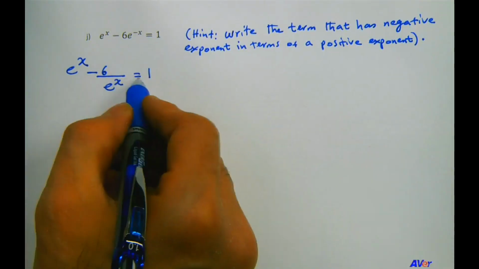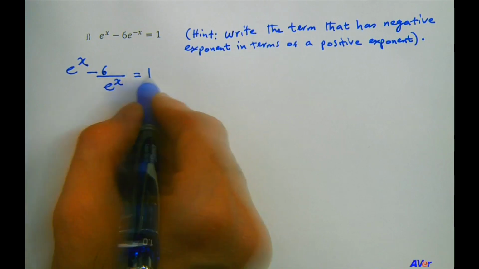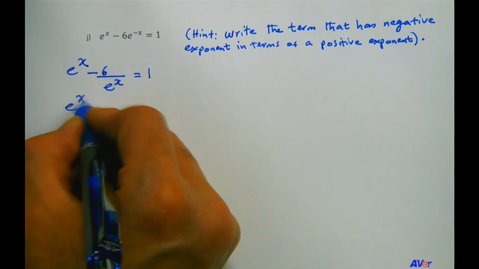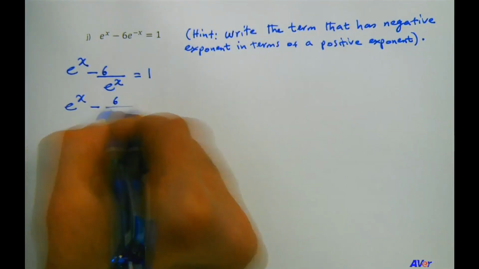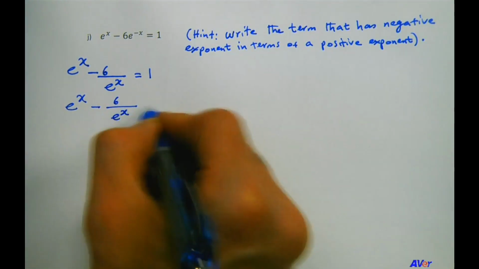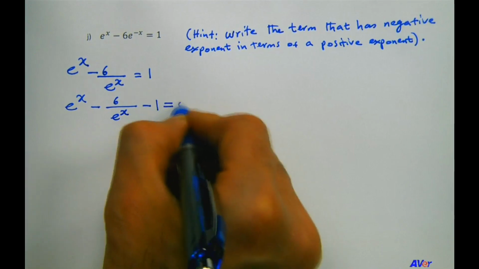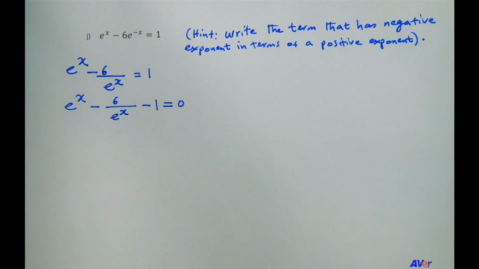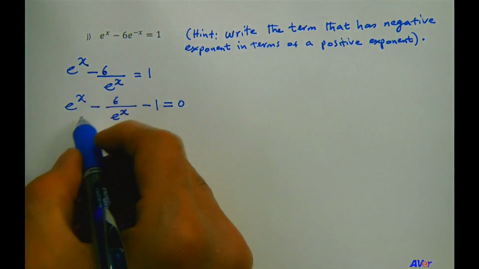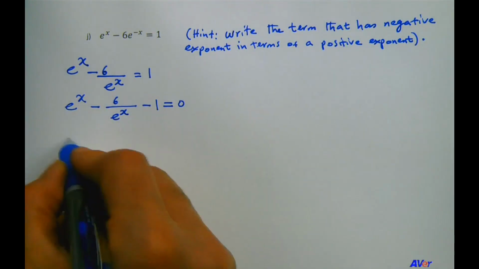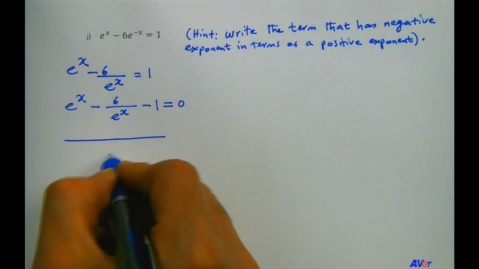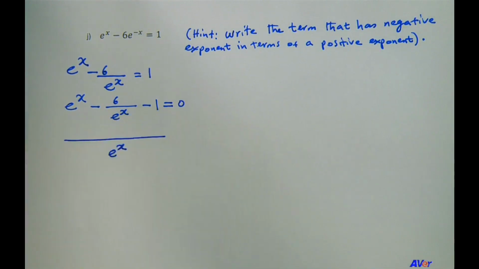Now, let's bring everything to one side, the 1 also to this side. So e to the x minus 6 divided by e to the x minus 1 equals 0. Then let's take the common denominator.